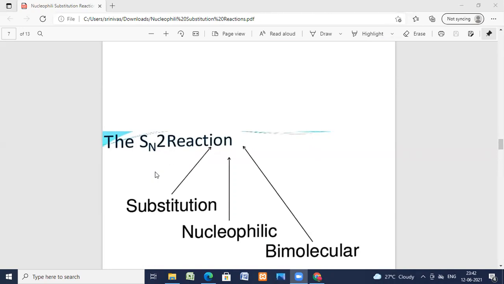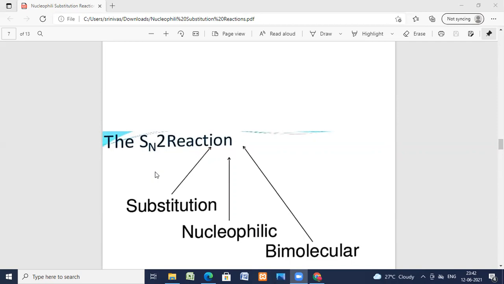The order of reactivity for SN2 reactions is methyl, primary, secondary, tertiary halides. So you can see Walden inversion in SN2, and in SN1 we can see the racemic mixture formation. So these are the differences between the SN1 and SN2 reactions.